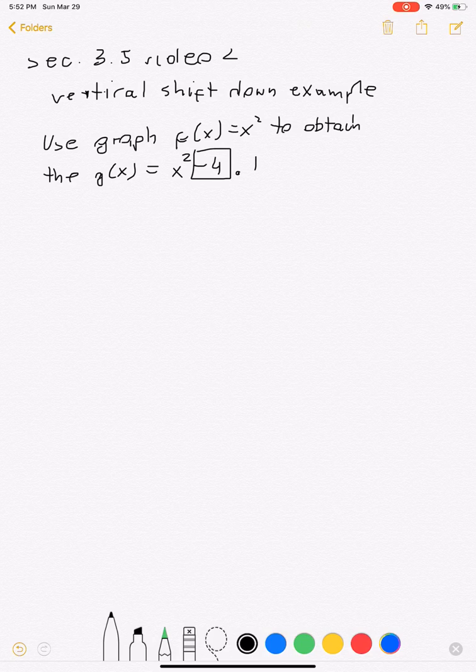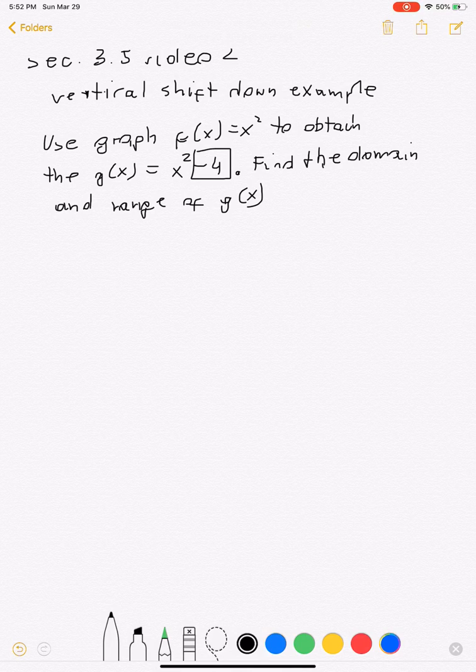And then what we need to do is find the domain and range of g of x.